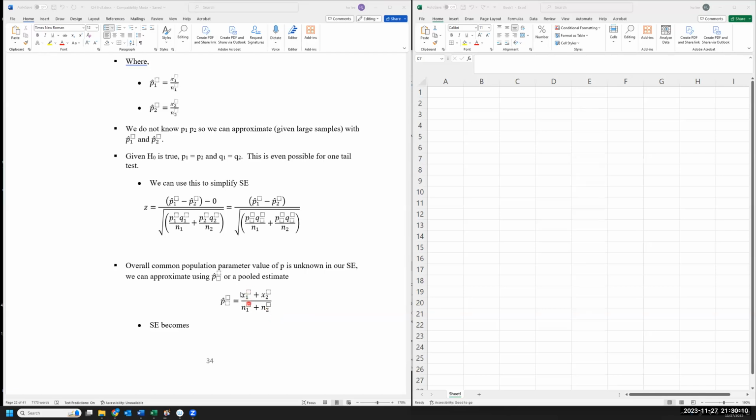So you get the sample of, quote unquote, the correct ones from population 1 plus the sample that is quote unquote correct. In my example, it would have been the Republicans, right? Sample of Republicans from LA plus sample of Republicans from San Diego. You add them together, divide it by the sample that you collected from LA plus the sample that you collected from San Diego. Okay. And that would be the pooled p hat.